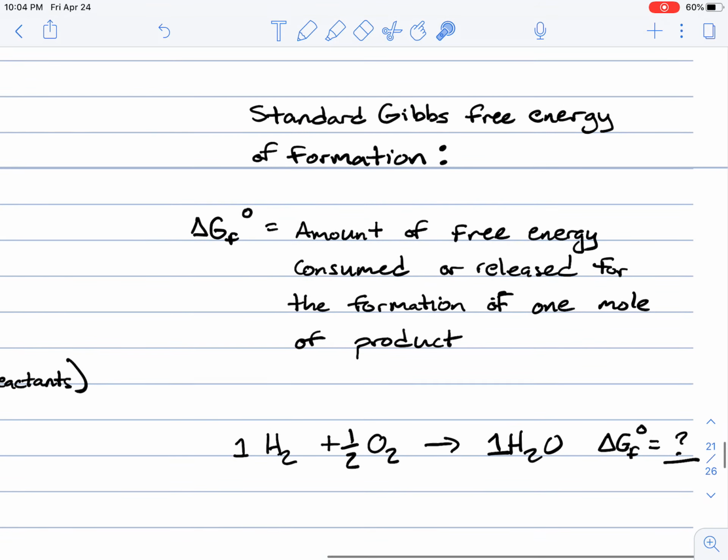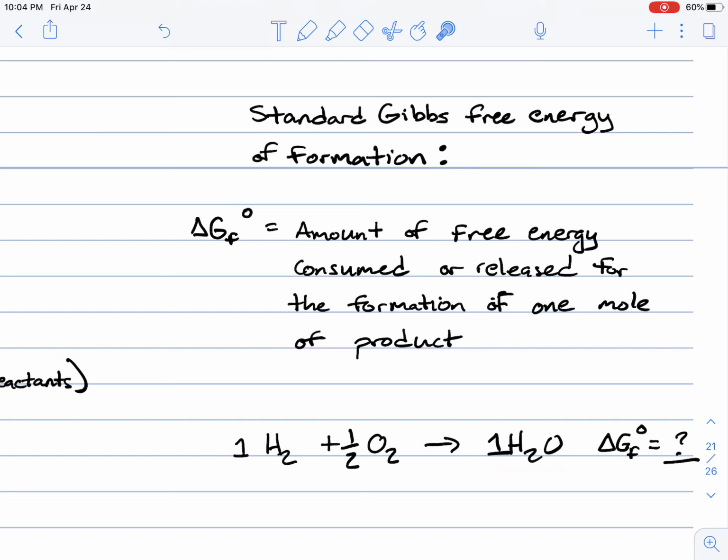So if you have this generic chemical reaction, let's just say that you wanted to produce exactly 1 mole of water, whether it's 1 mole of water in the solid state, gas state, or liquid state. Each of those values will be a little bit different, but let's just say that you just want to produce 1 mole of water.